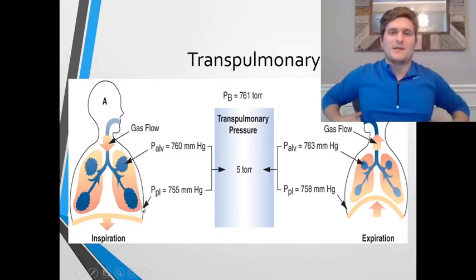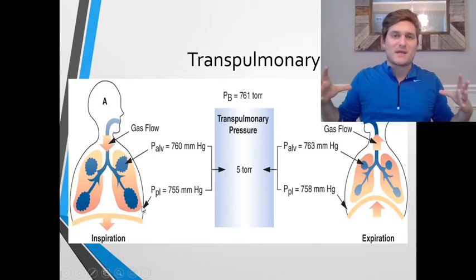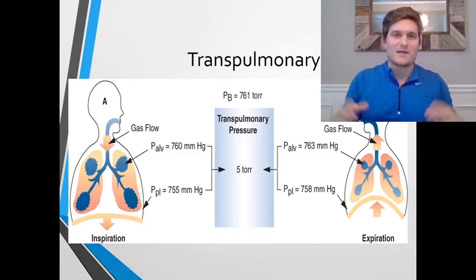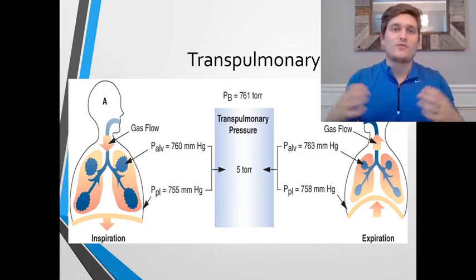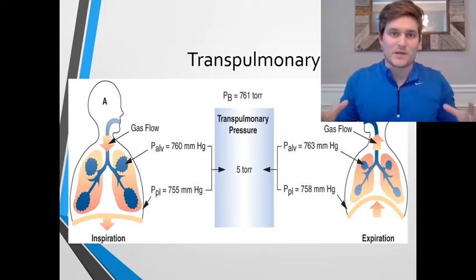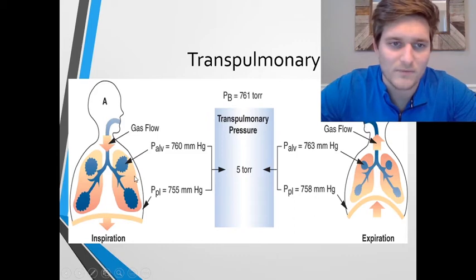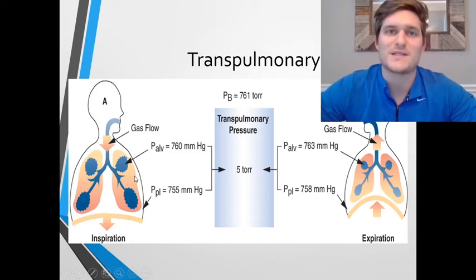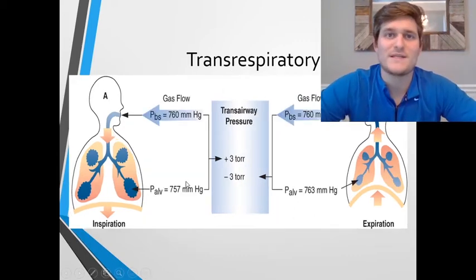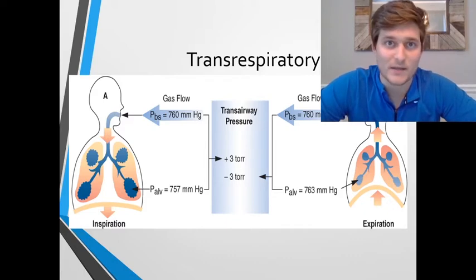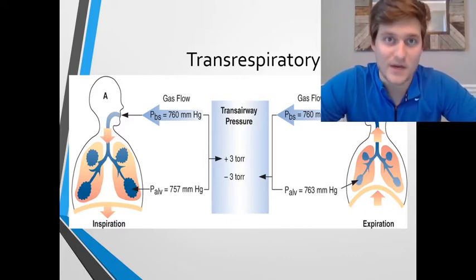So as the thoracic cavity expands and the volume of the thoracic cavity increases, the volume of the lungs increases. And what happens is when we increase the volume of the lungs, the pressures inside decrease. The pressure inside of the alveoli is called alveolar pressure.